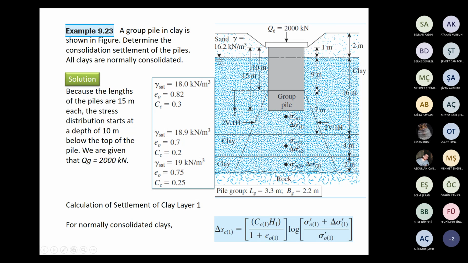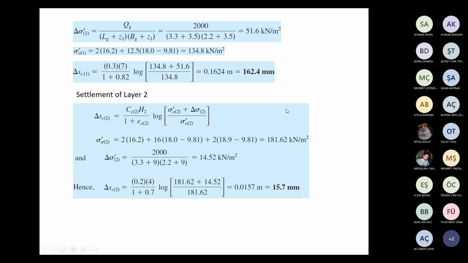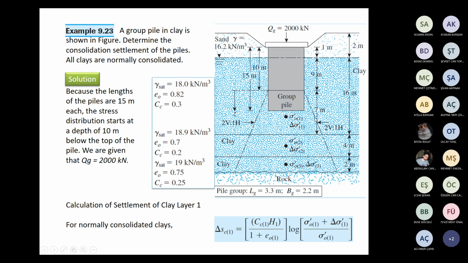We have 10 meters above this line, but actually in clay we have 9 meters and 1 meter sand anyway, and the Z value will be taken as 3.5.